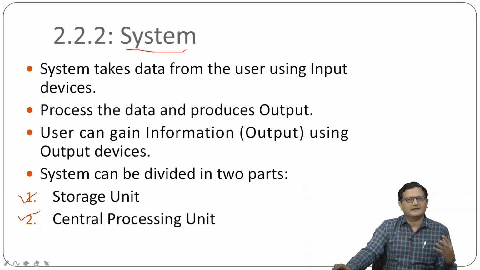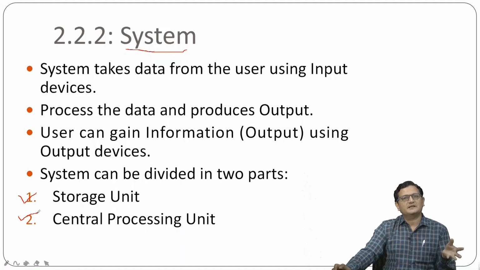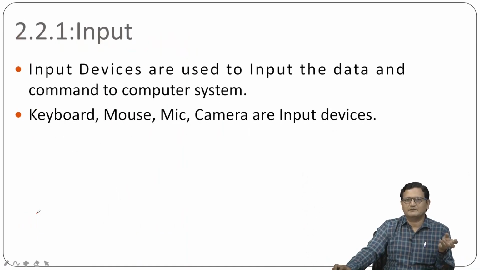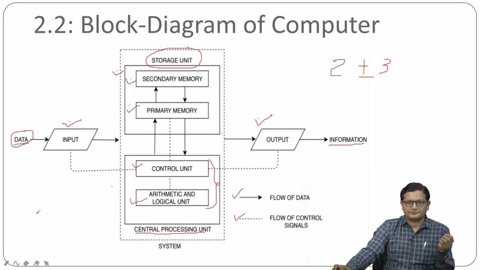It takes the data from the user using input devices. It processes the data using the storage unit and the central processing unit, and after processing the data, what is produced? It produces information. That information we provide to the user using some output devices, right? So here output devices will be there.